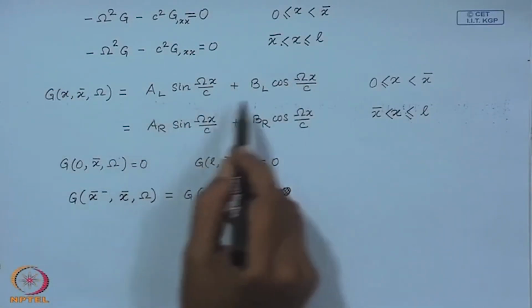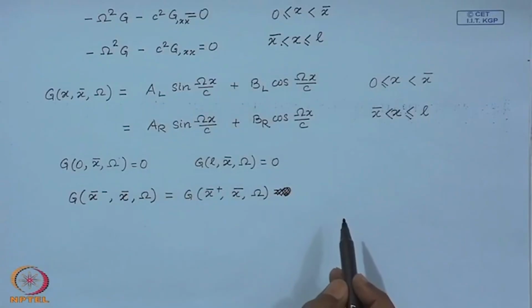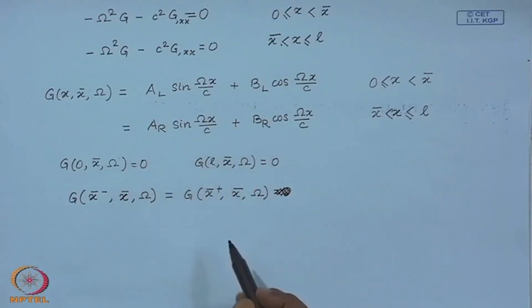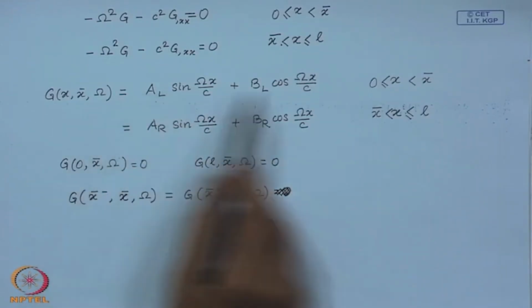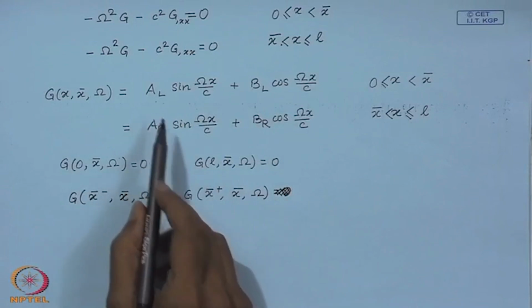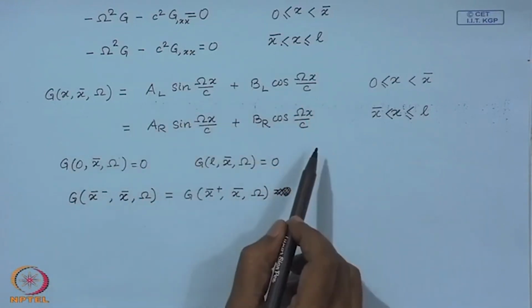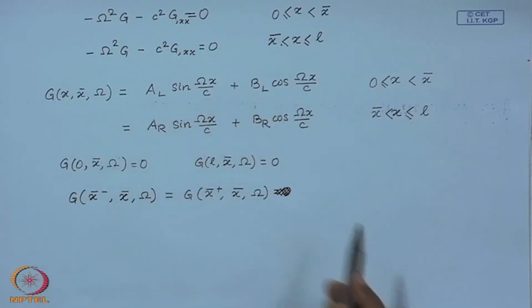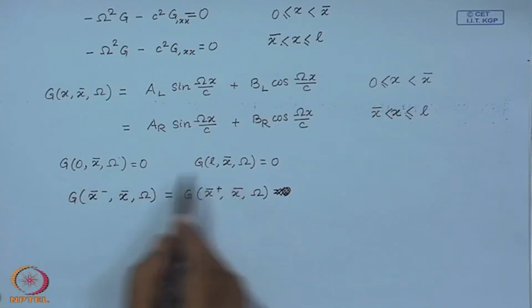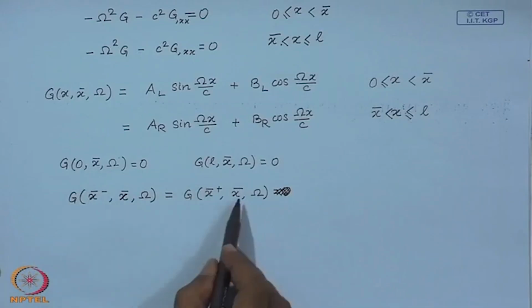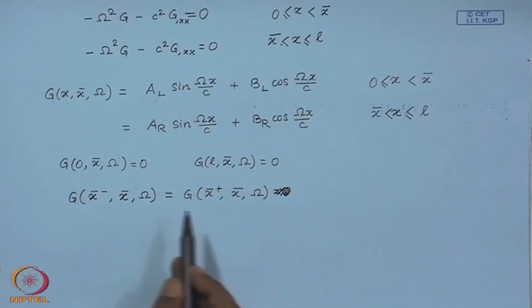Now, we have these 4 unknown coefficients A L, B L, A R and B R, which are to be solved in order to determine the Green's function. So, we will need 4 conditions for solving these 4 unknowns. Now, 2 conditions are obtained directly from the boundary conditions. One further condition is obtained from the continuity of the string at x equal to x bar.